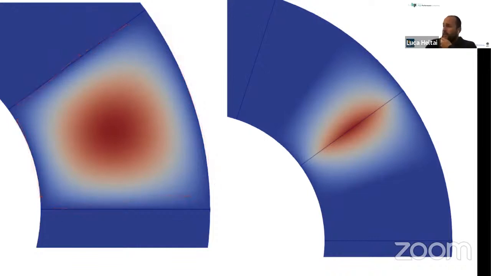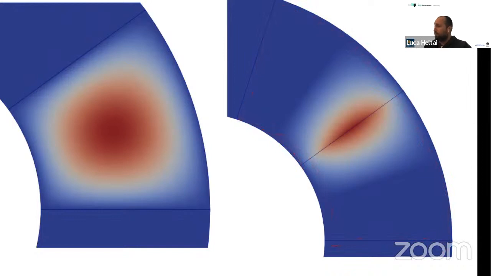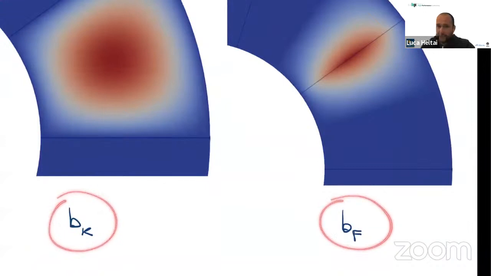So the trick is to figure out whether it's possible to use as test functions, or to write the a posteriori error estimations with, functions that are zero on the boundary of the cell, or, for the terms that live on the faces, zero on the boundary of the face, like in these two points over here, and that are non-zero just on a compact support around the face, just on the elements around the face. And these are two objects that we'll call b_K and b_F, used for the proof of the optimality.